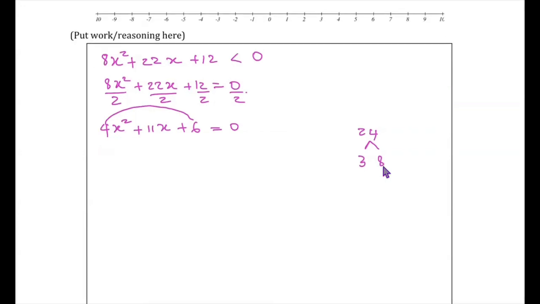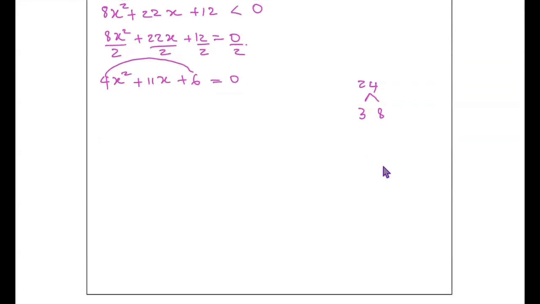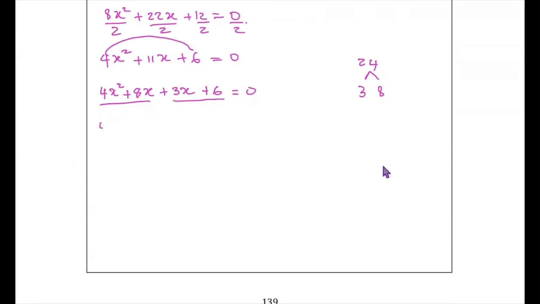So I can rewrite the left side of the equation as 4x squared plus 8x plus 3x, which is the 11x that we had. I break it down to 4 terms so we can factor by grouping, plus 6 equals 0. First group, second group, factor 4x on the first group.